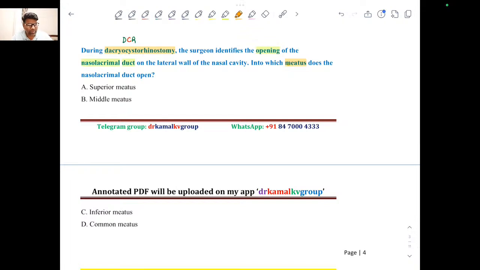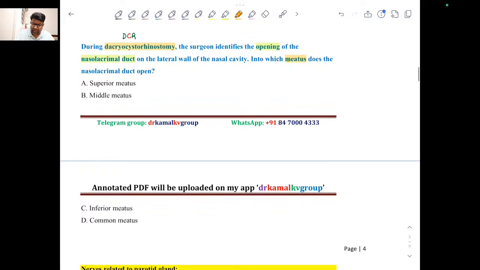I think it's a very basic question. So both of you are right. Nasolacrimal duct opens into inferior meatus. This is a very basic question, repeated many number of times. Please don't make any mistake in these questions.